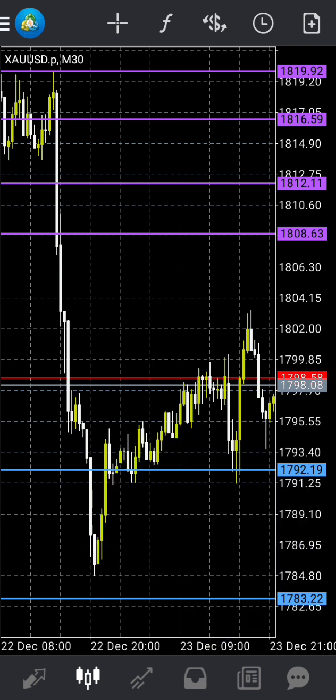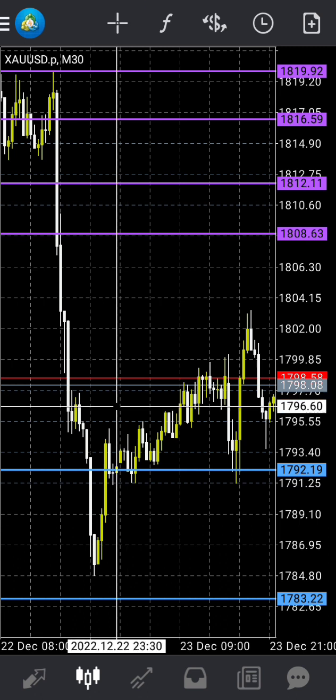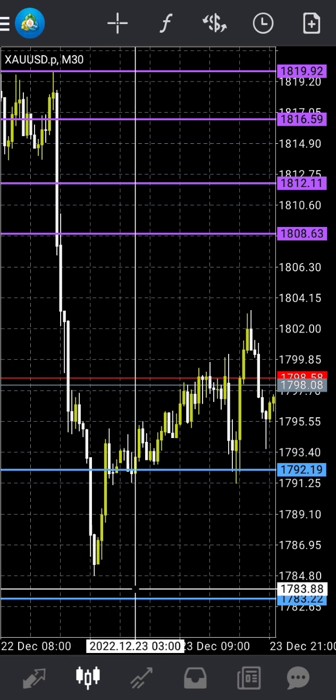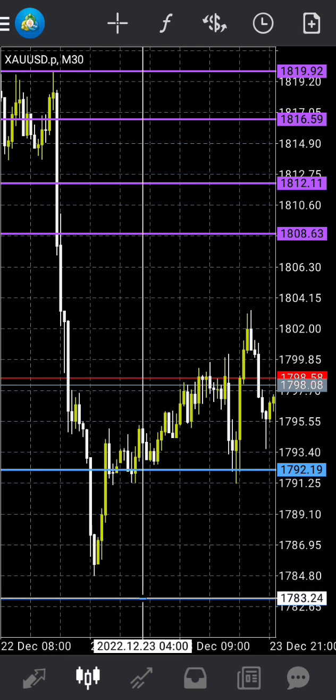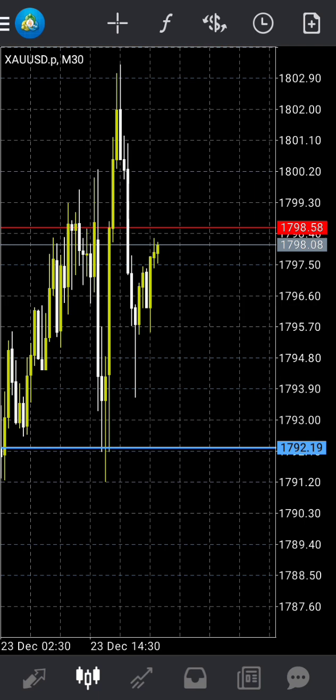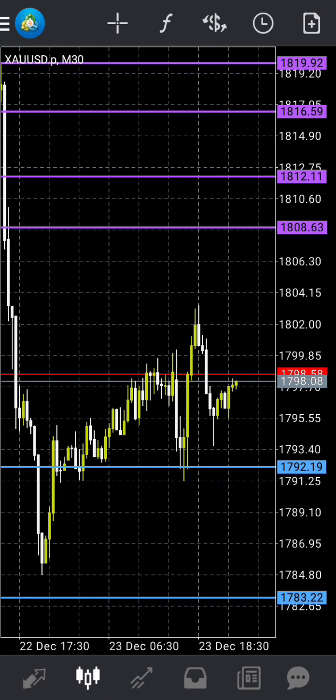My SL is only 20 to 40 pips away from the rejection candle. If you don't want to use a confirmation filter, you can just set your SL 30 pips away from the zone.